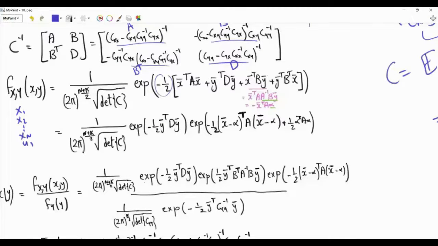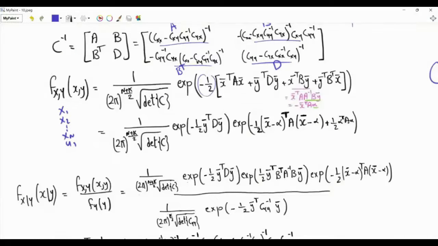Now we will do something. Why are we interested in the joint? Well, our goal is the conditional distribution. We want x given y. What is the distribution of x given y? This is the main objective here, the goal.